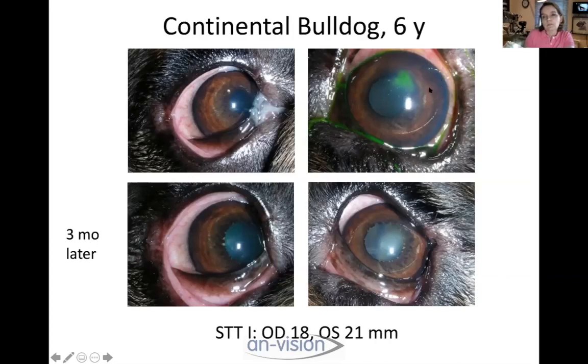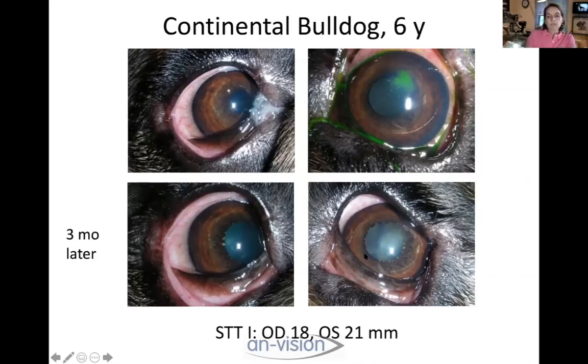Reflex uveitis, quite severe in that case. So this healed, and then 3 months later, he comes back and he has this haziness in the area where the scar was, where the ulceration was. You can see that there's some depigmentation, there's conjunctivitis, swelling of the conjunctiva.